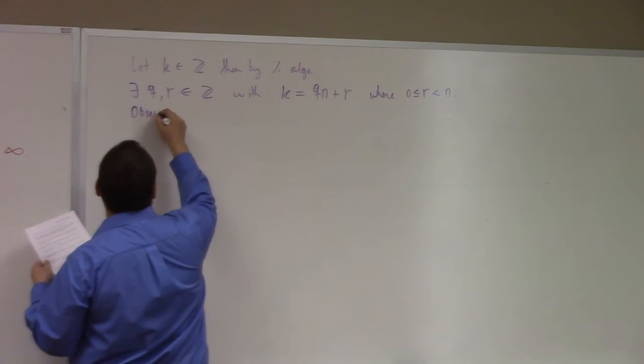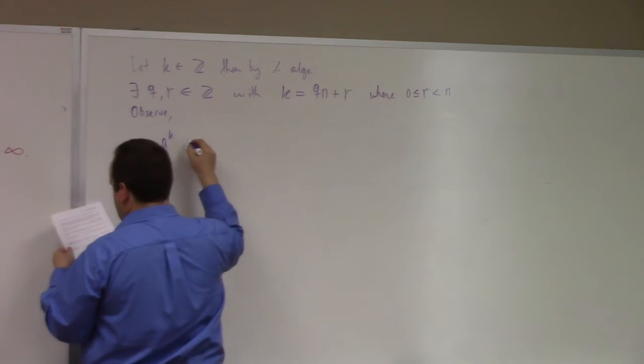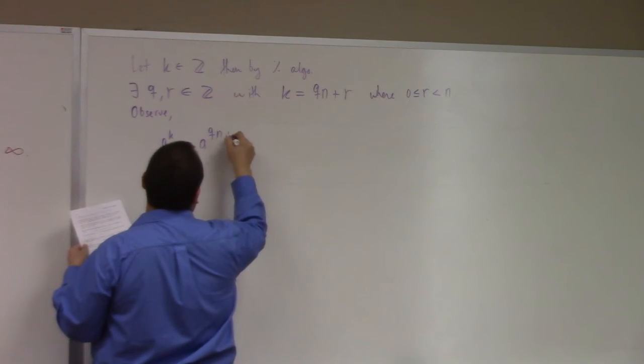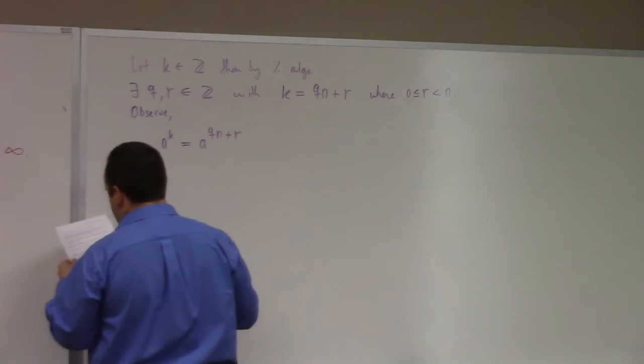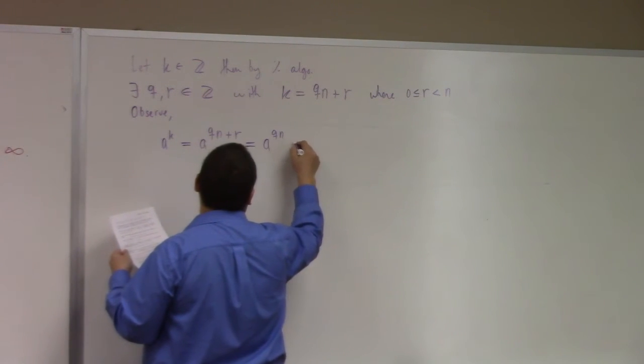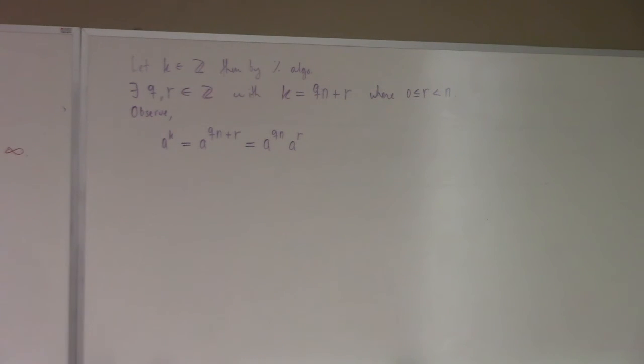Then we can look at this. So observe. If we look at a to the power k, what is it equal to? a to the qn plus r, right? Which by the laws of exponents is a to the qn times a to the r. See where I'm going with this?